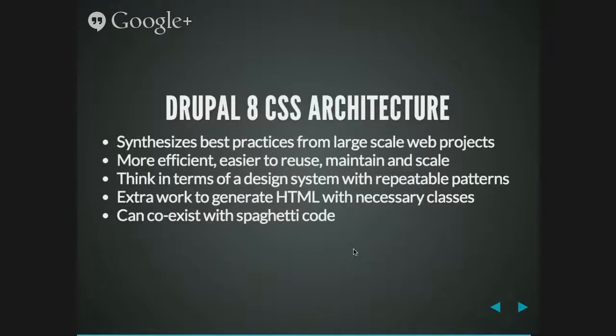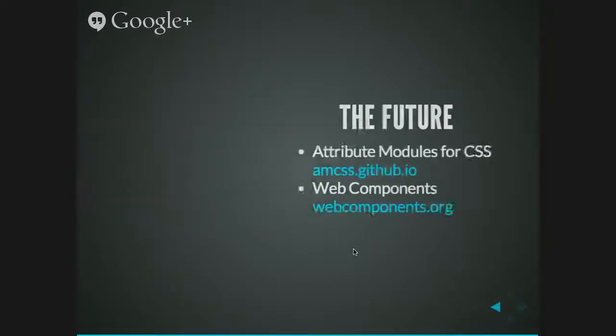When you get a comp from the designer, sit down and think, what are the components here? With Drupal 7 it takes some extra work to get those classes where you need them, but that can coexist with your other code that's ugly, it's okay. You just know what your components are.